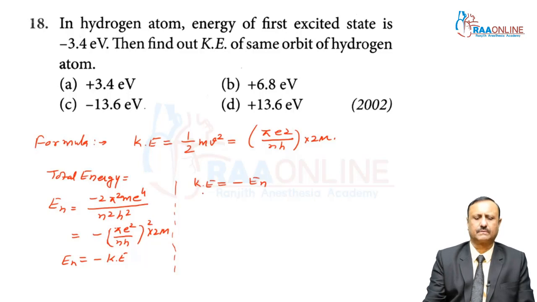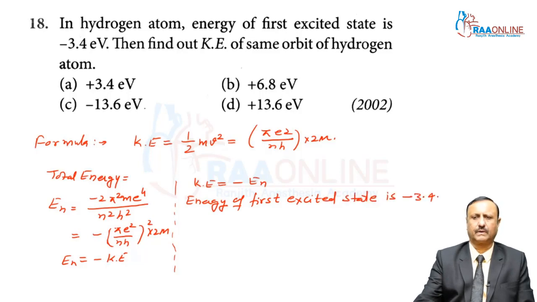So, my dear students, we can see here energy of first excited state is minus 3.4 electron volt.